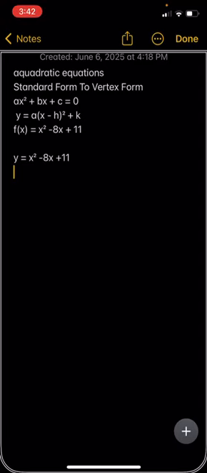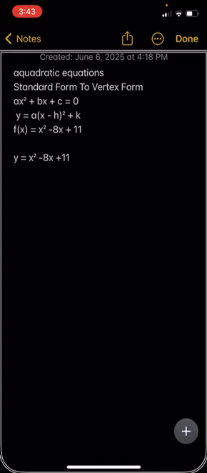It is implied that when a variable is written without a coefficient expressed in front of it, the coefficient is 1. So x squared is really 1x squared. So this equation is already written in the form that we want it to be written. The squared term is already 1.